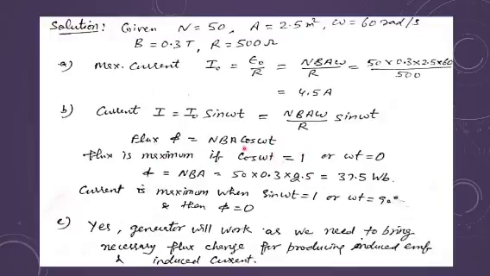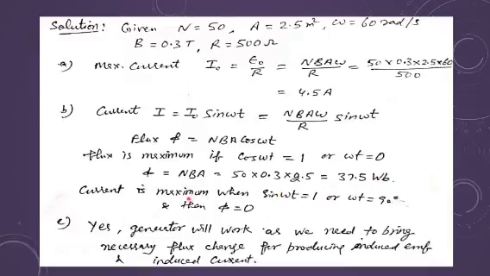It means cos theta is 1, so theta, or omega t, should be equal to 0. Putting this value 0 here, the flux comes out, by putting the values, to be 37.5 Weber.